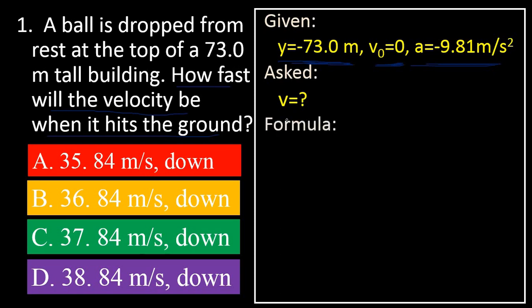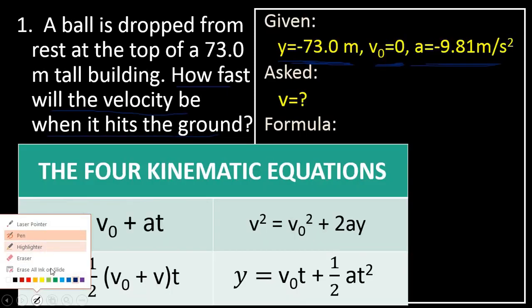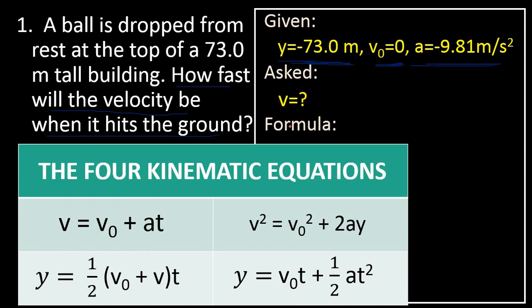Next would be the formula, and here's the trickiest part. Okay, so among these four formulas that I gave you, what formula are we going to use? Okay, so how to use this table here?